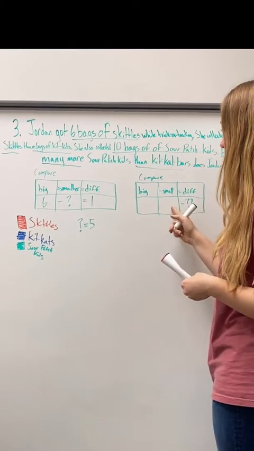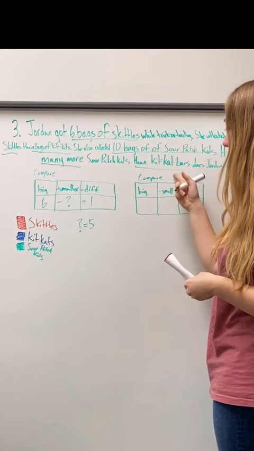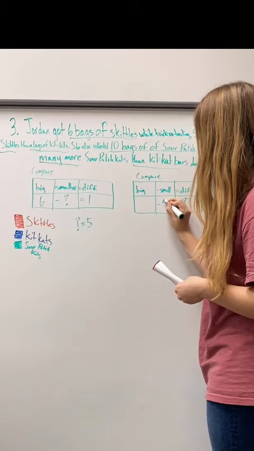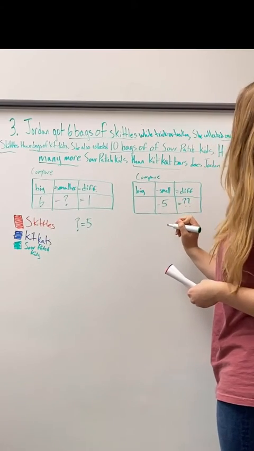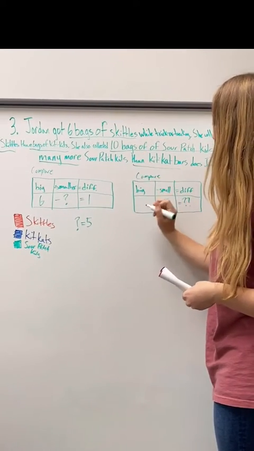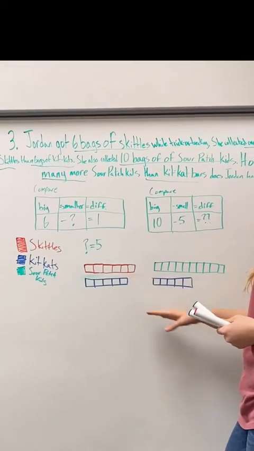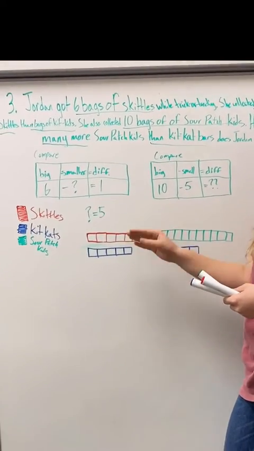And now we know the Kit Kat bars are still the smaller. So now that we know that we have 5, we can put that into a problem. And we know that we have 10 bags of Sour Patch Kids. So this is a visualization of what the blocks would look like.